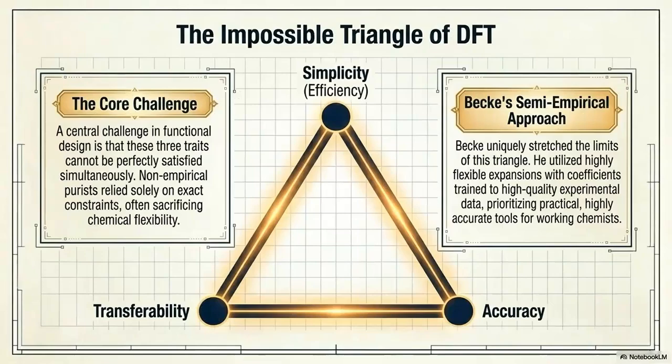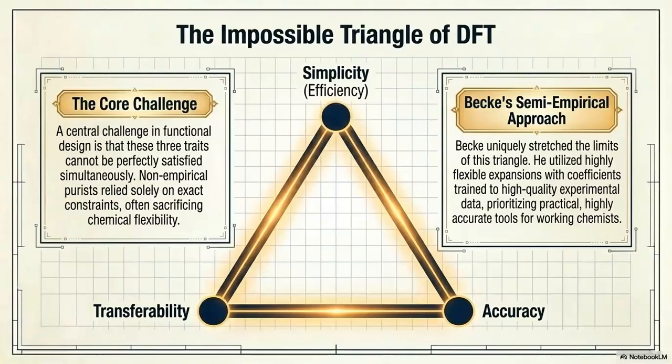Welcome to the structural heart of computational conflict, the impossible triangle of DFT. In the pursuit of functional design, researchers are historically trapped by three competing demands: simplicity, transferability, and accuracy. In this zero-sum game, satisfying one typically requires sacrificing another. While theoretical purists relied on exact constraints, often at the expense of chemical flexibility, Axel Becke pioneered a defiant semi-empirical approach.